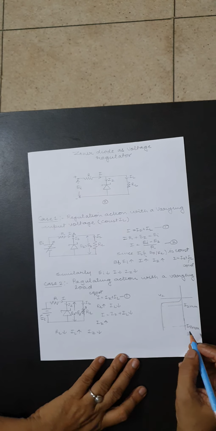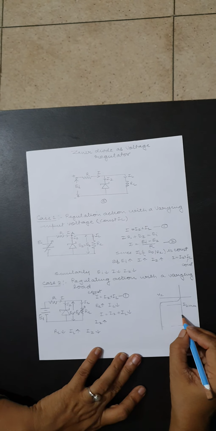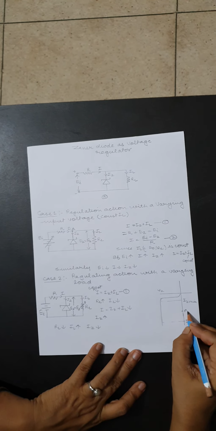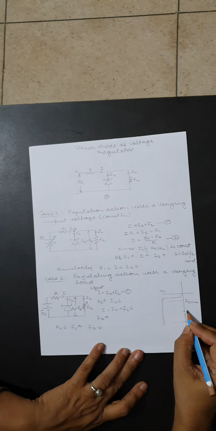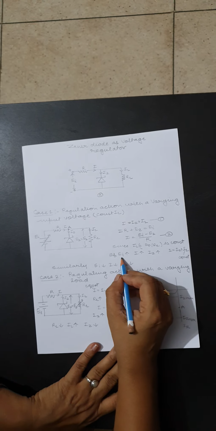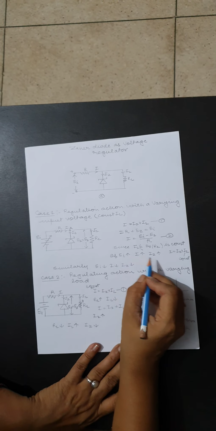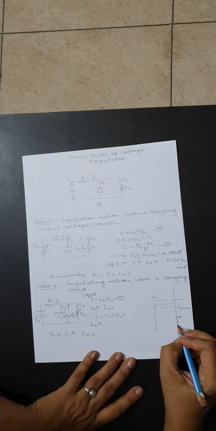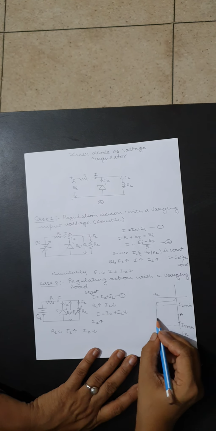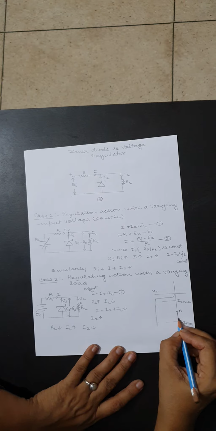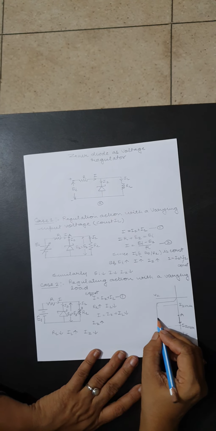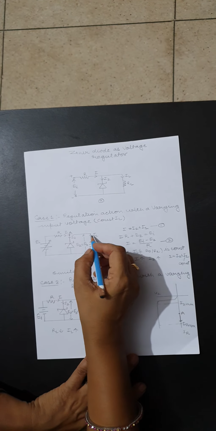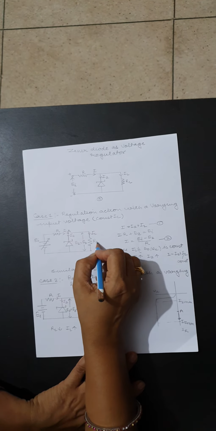Suppose initially the value of IZ is at point A, and if we increase EI, value of I increases and value of IZ increases, meaning value of IZ moves in this direction. But if value of IZ increases in this direction, output voltage is constant, output voltage EZ or E naught is constant.